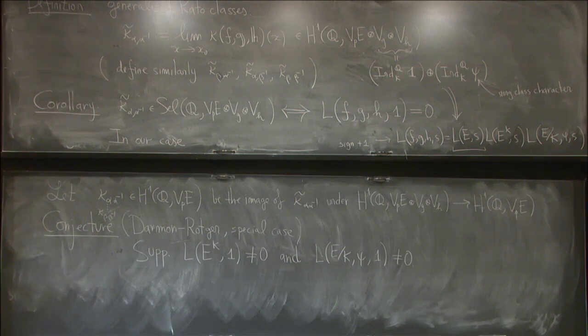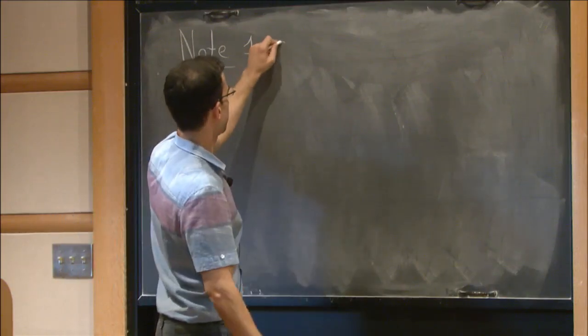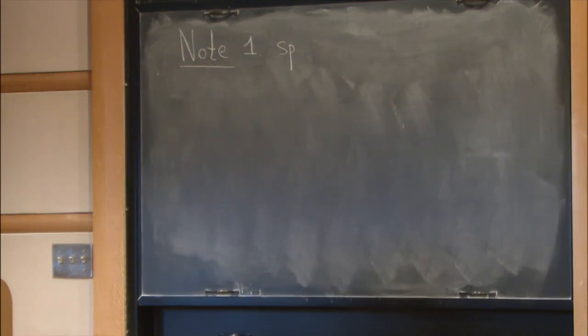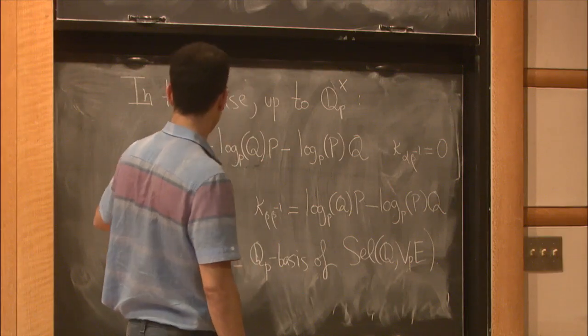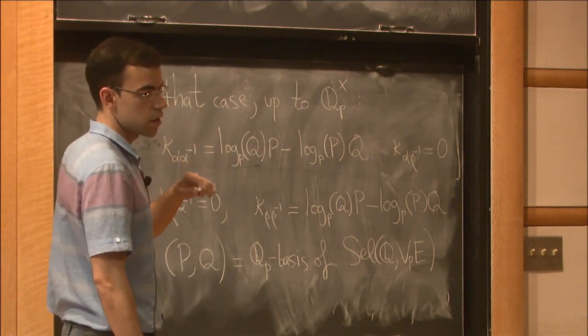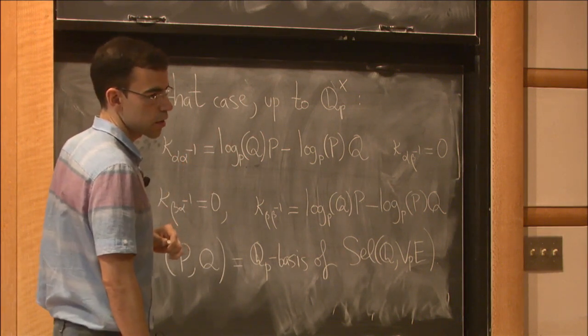So what do I want to say next? Yeah, just to emphasize what I said in words. The assumption is that this is a Q_p basis with this property. No, any Q_p basis will have this property. So it's really invariant. If it's true for one, it's true for every other one, because this is just giving you a basis of the kernel of p-adic log.